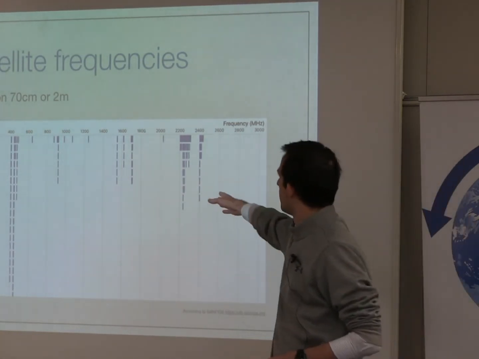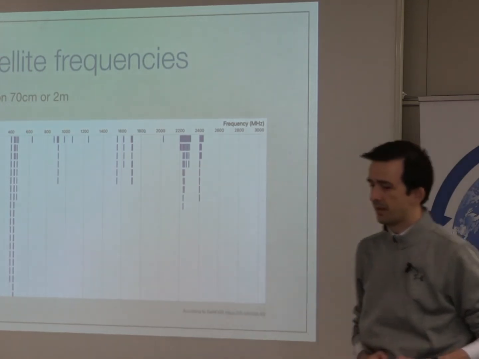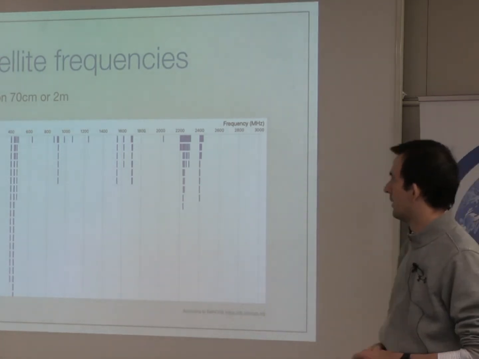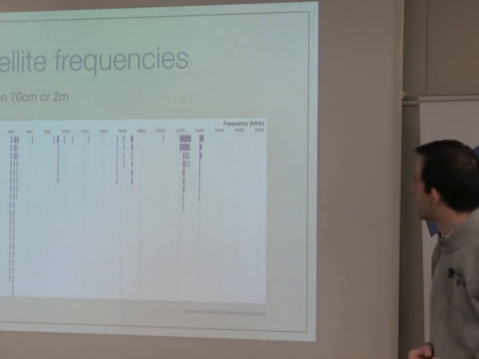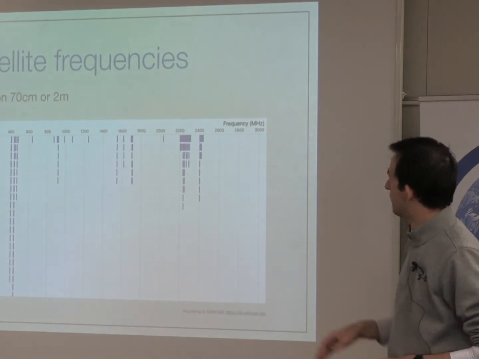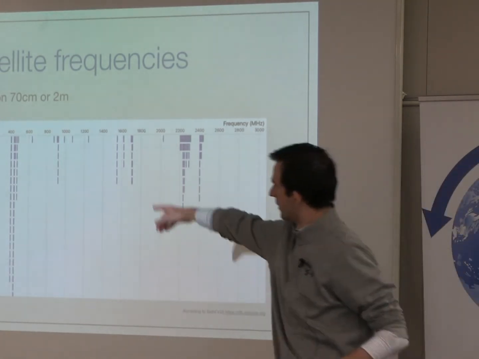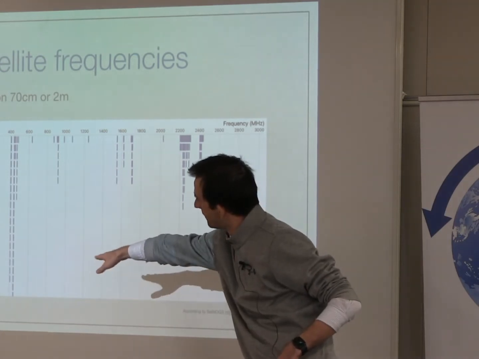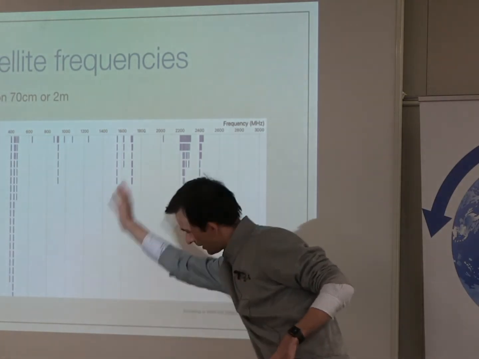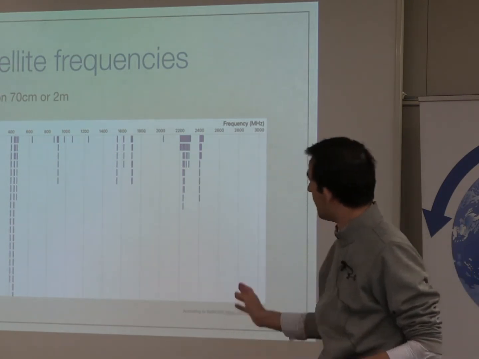I might go into some higher frequencies, but that would require some shift in the software and the hardware as well. So I said maybe I will set that aside and come back to it later, and focus more on this tail. There's not enough space here, but it goes down and down. Those are the satellites on these frequencies.